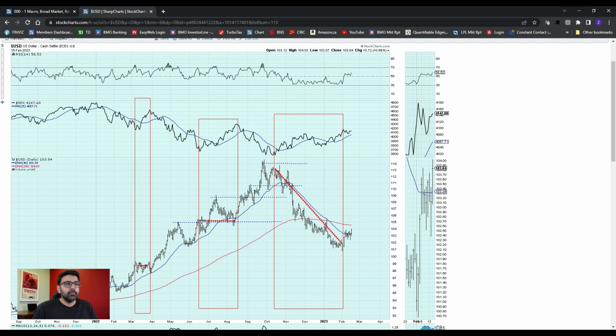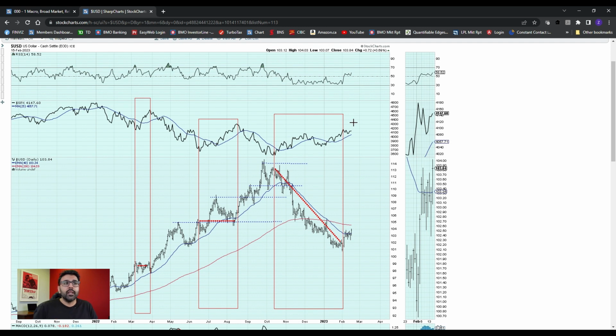Again, the dollar went nowhere from June to August, and we had a rally. Now, from October till now, the dollar has deteriorated, and we've had long sustained strength in the S&P, which we see up here.